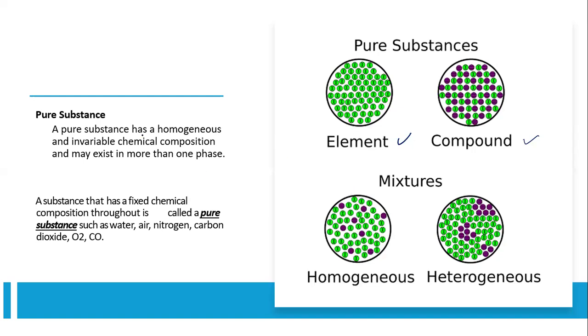When you talk about the pure substance, it has a homogeneous and invariable chemical composition and may exist in more than one phase. The keyword here is invariable chemical composition, meaning the particles or molecules of the pure mixture are perfectly mixed together.